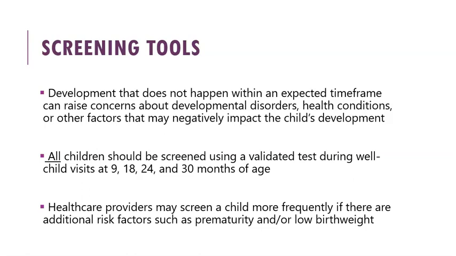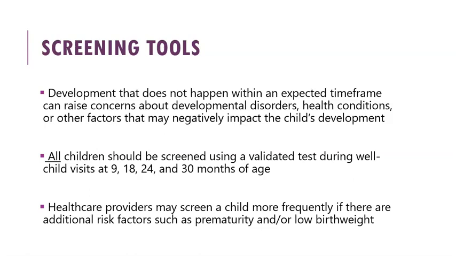If further evaluation is needed, the primary care doctor or healthcare provider will likely refer that child to a specialist who can give them an accurate diagnosis and perform more tests based off of whatever the delay we identified was.